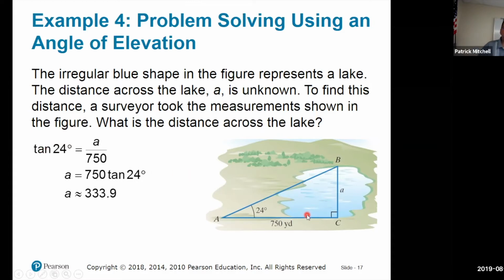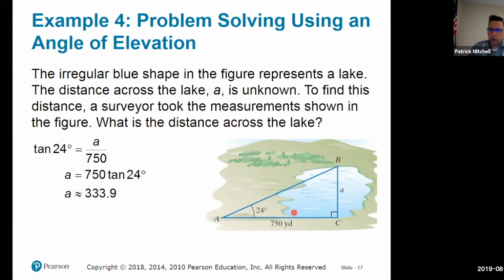So typically in a problem like this, there will be an unknown side and a side that's given. Let me say it this way, a side that's given and a side that you're actually trying to find, all right? So take those two sides and figure out if they are opposite and hypotenuse, adjacent and hypotenuse, or opposite and adjacent, and whichever one of those it is will tell you whether to use sine, cosine, or tangent.